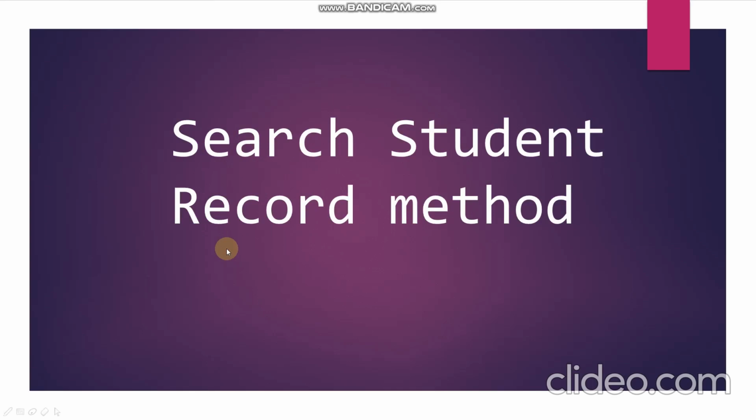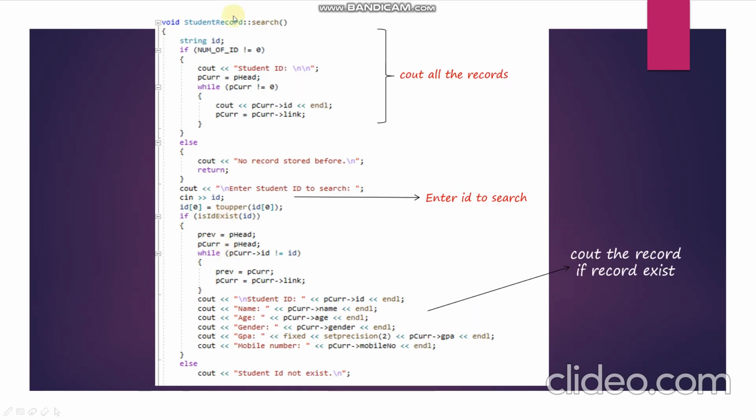Search student record method. In the search method, you will be asked to enter the student ID and it will provide the details. In the first part, it will print out all the student IDs, and you will be requested to enter the student ID to search. If the ID exists, previous and pCurrent will be set to pHead.